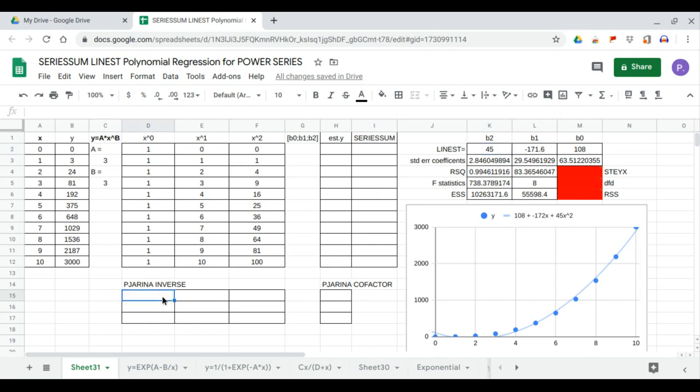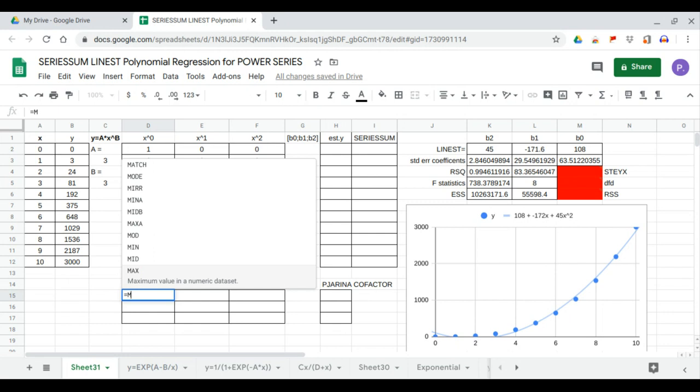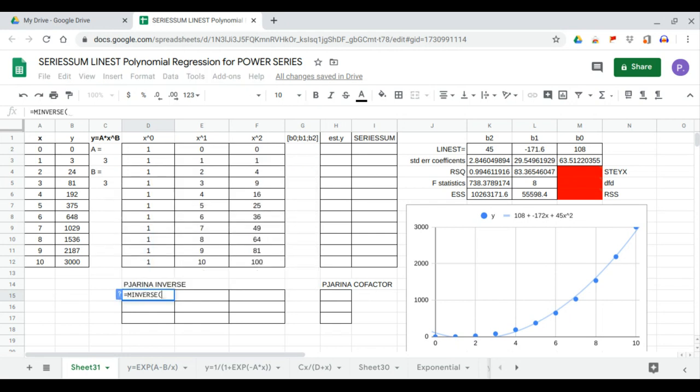So we use the pseudo inverse, which is MINVERSE of MMULT of the transpose of this matrix and itself. And we calculate the pseudo cofactor, which is MMULT of the transpose of this matrix and the y values.